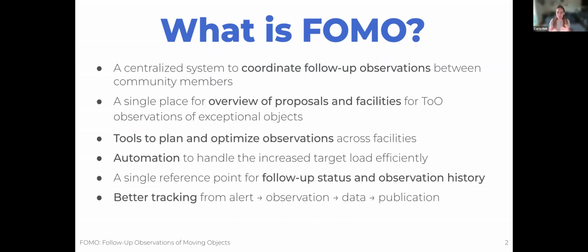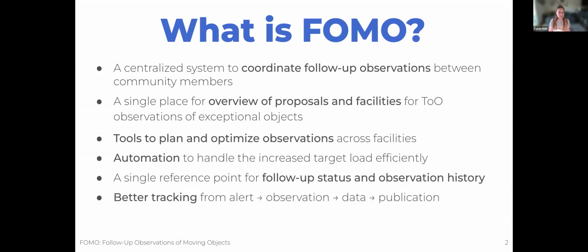So what is FOMO? Many of you have heard this before, but I'm just going to give a big summary and then mostly stick to updates. It's essentially a centralized coordination website where we can coordinate follow-up observations between community members. We can also see an overview of different proposals and facilities that are able to be used for TOO observations of exciting new things.